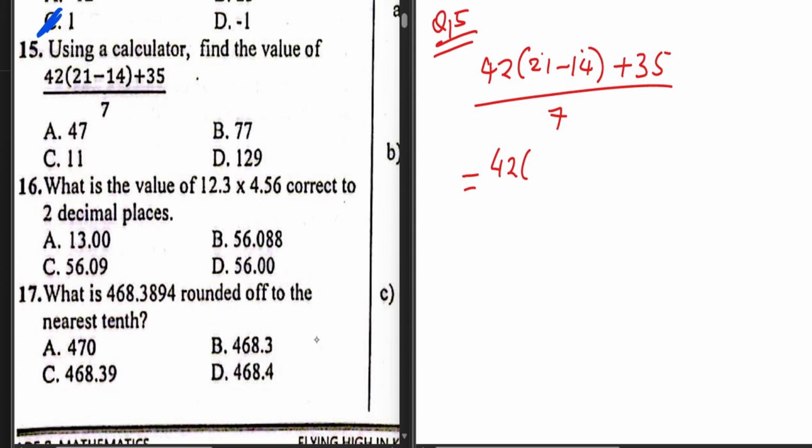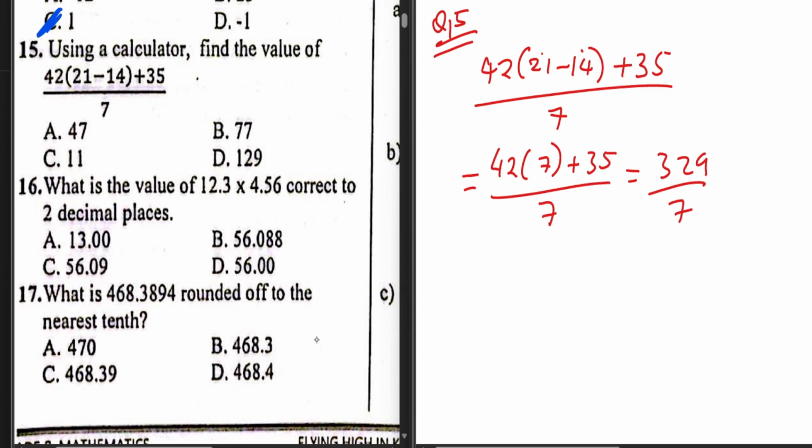So 21 minus 14 is 7. Then 35 divided by 7. Again, you do 42 times 7 plus 35, which gives you 329. Then divide by 7. So just go step by step, even if you are using a calculator. This gives you 47.